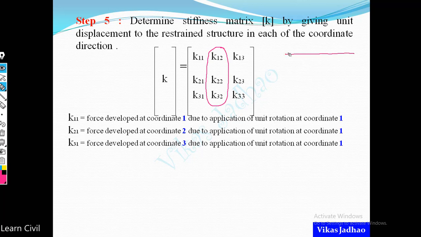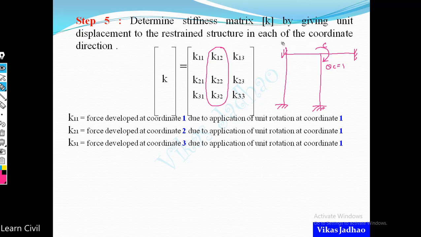Now for finding out the values of these coefficients, that is K12, K22 and K32, we'll be considering our frame like this, and assuming all other ends except joint C as fixed, we'll apply unit rotation at joint C, that is theta C equal to 1, and then find out the values.